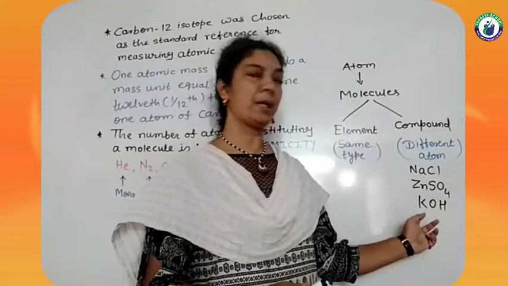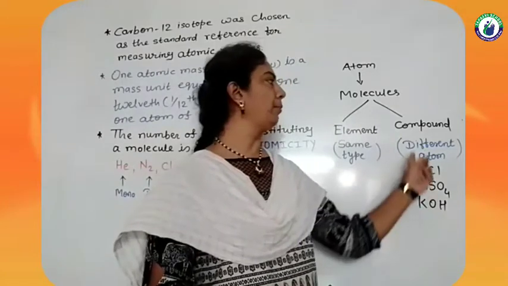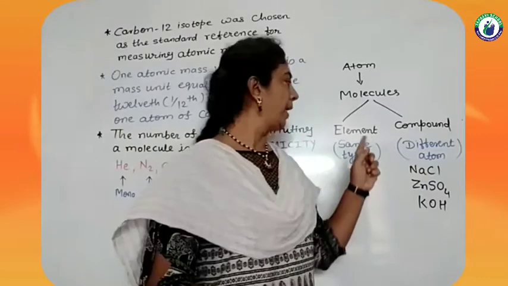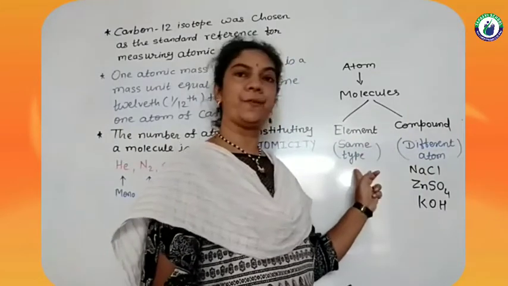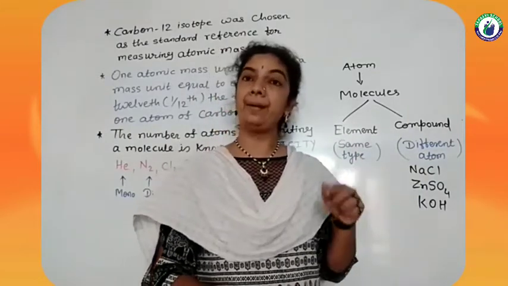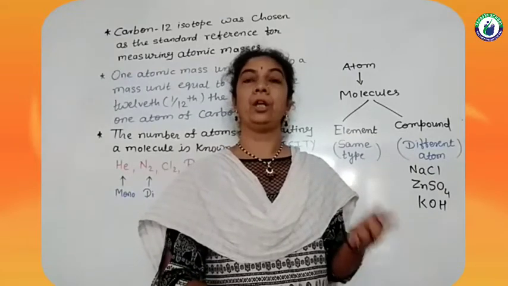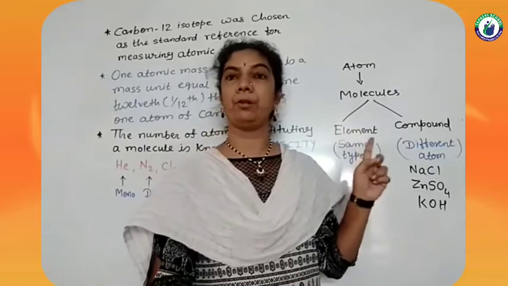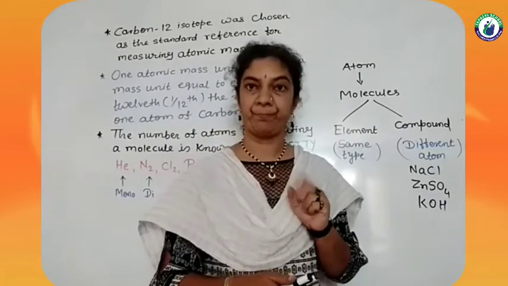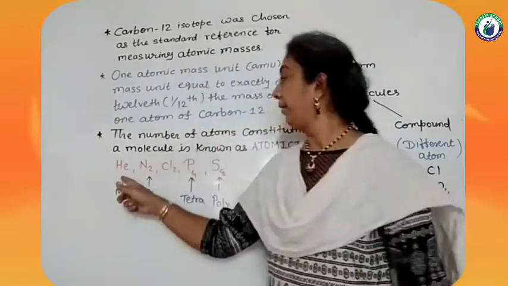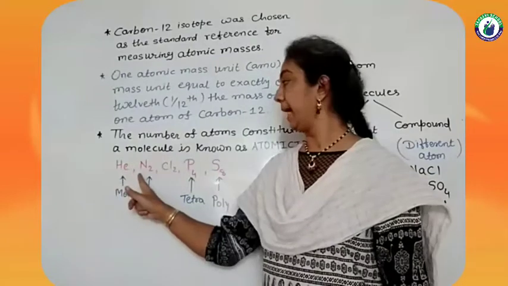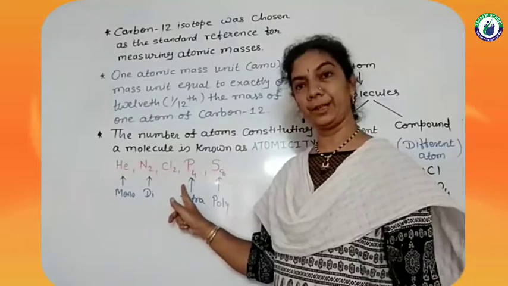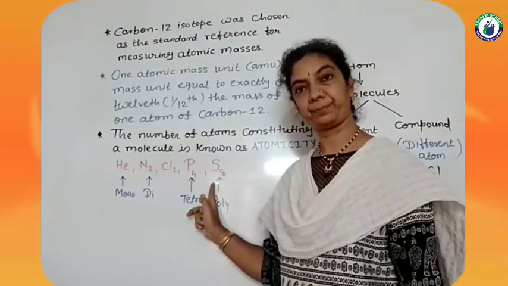So these are molecules, but they are molecules of a compound. Likewise, if all the atoms are of the same type and they combine, they form molecules of elements. For example, helium, nitrogen, chlorine, phosphorus, sulfur.